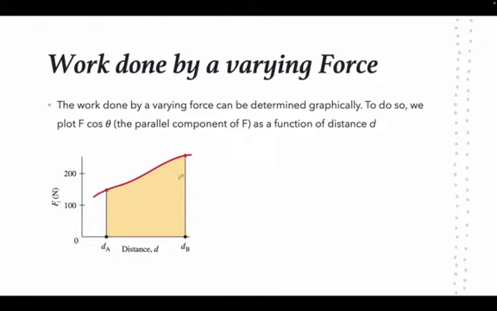Now, if we approximate this line as a straight line, then what happens if I try and find the area underneath this graph? Well, this is a triangle, so the area of a triangle would be equal to 1/2 base times height. So this would be 1/2 base, which is distance, and height, which is force. So this would be equal to work, because this is force times distance.